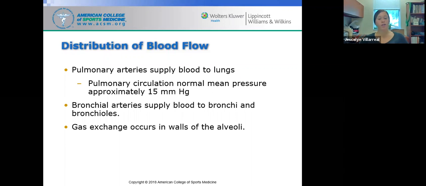Page 143 to 144 can dive into distribution of blood flow. There are about 5 different steps that I'll review for you here. The first step is the pulmonary arteries contain systemic venous blood from the right ventricle and bronchial arteries.